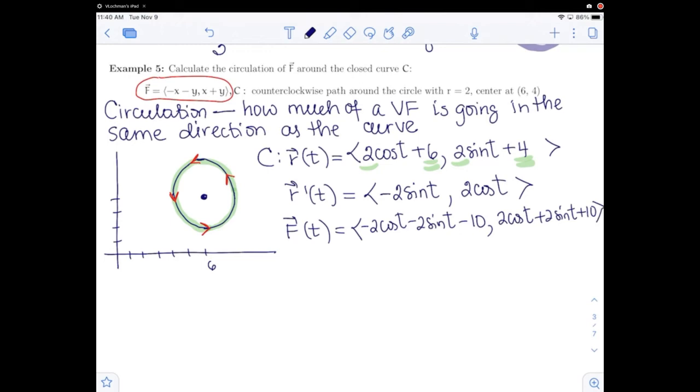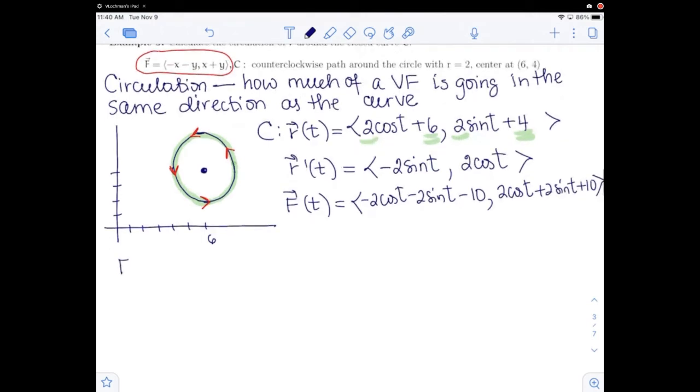All right, now we can compute our dot product, F dot r prime. Okay, let's compute this carefully. Negative 2 sine t times this right here. What do we get? We get a positive quantity, right?